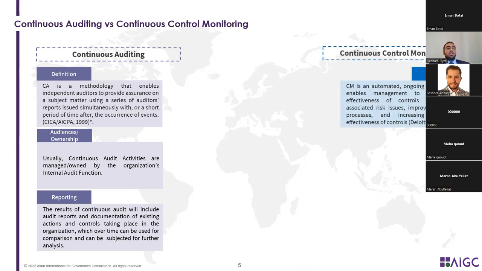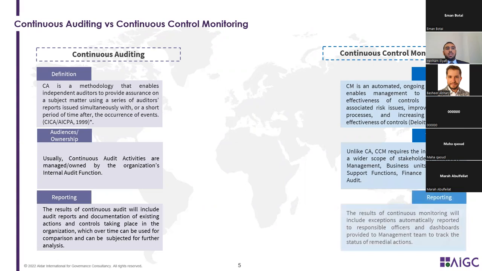While on the other hand, continuous control monitoring is an automated ongoing process that enables management to assess the effectiveness of controls and detect associated risks, thus improving business processes and increasing cost effectiveness.